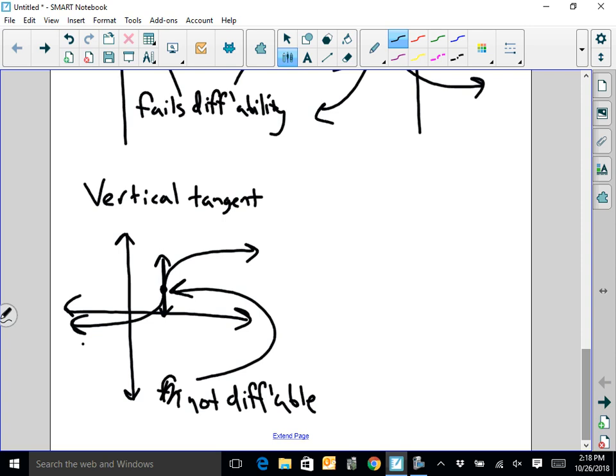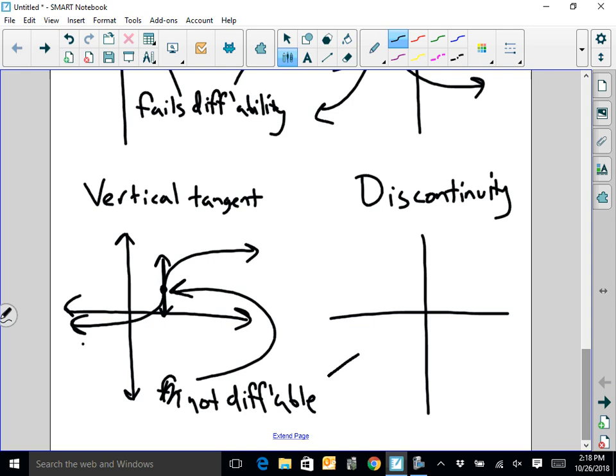Other things that will fail: discontinuities always fail differentiability. So if a function is discontinuous at a point, it is automatically not differentiable at that point either.